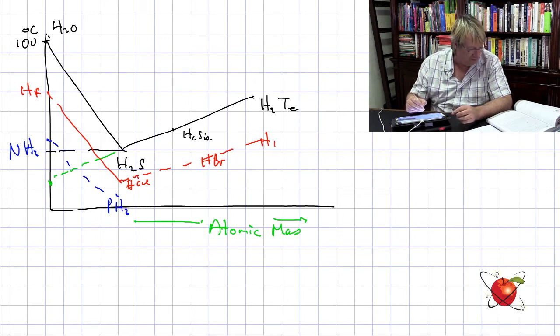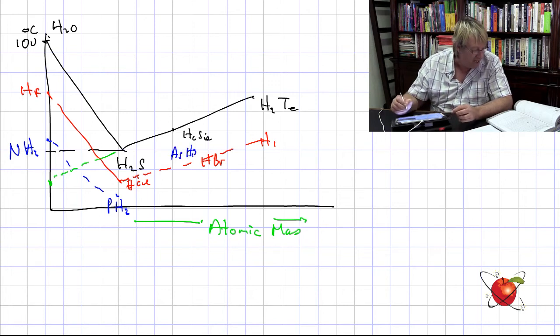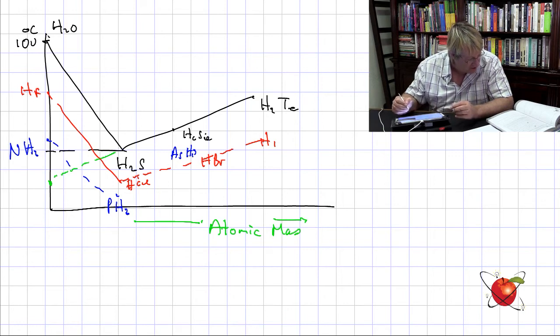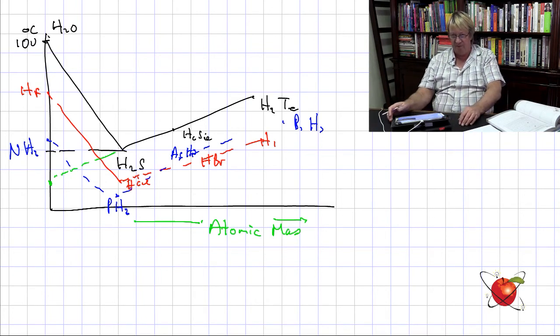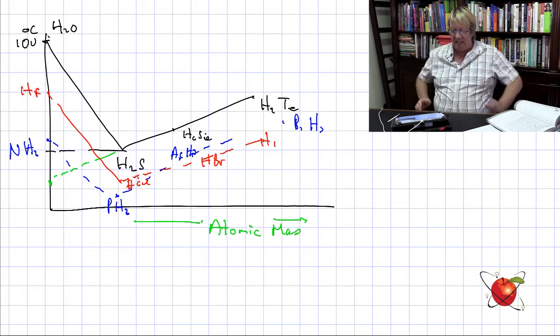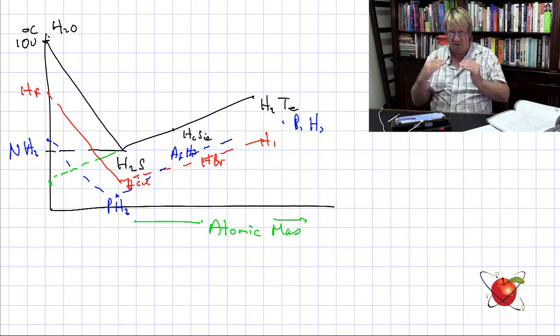And over there is H3As, and possibly bismuth, BiH3, right? You'll see the same sort of thing occurring like that. Once again, it's the hydrogen bond that is causing this.